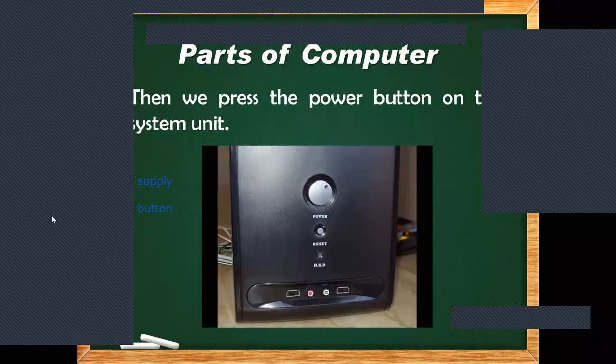Ibrahim is also participating. Yes, very nice, Ibrahim. Can you tell us what button we have to press? Power supply. Very good. And what is the other button? Power button. Very good. It's a power button.